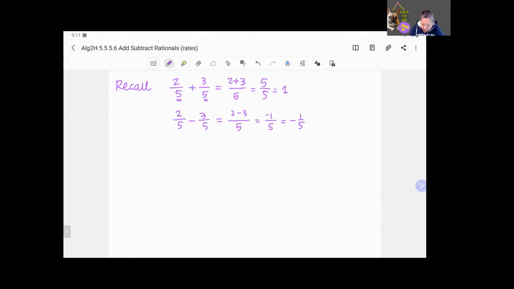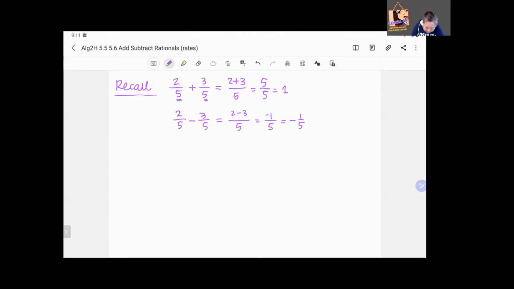But the problem is, this is not the only case that we will see. So as I mentioned, if two fractions, either adding or subtracting, don't necessarily have the common denominators already, then we have to adjust, we have to manipulate the denominators, right?